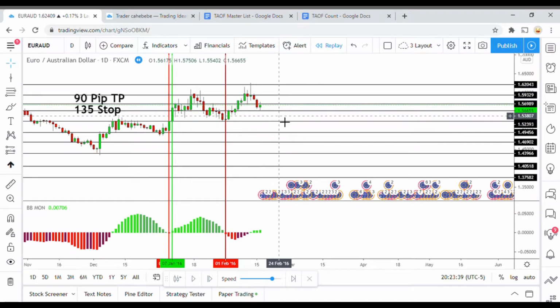I feel like that kind of messes with the pattern. You don't get as much follow through, in my opinion, when there are drawn out legs like this. Now, if it would have happened in a real tight configuration without days and days of pullback and then another push to the upside, then yeah, it's possible that it would be a little bit cleaner.